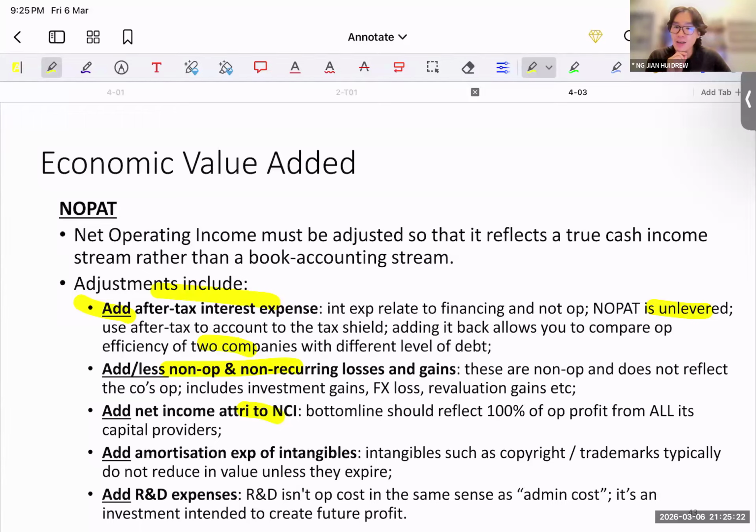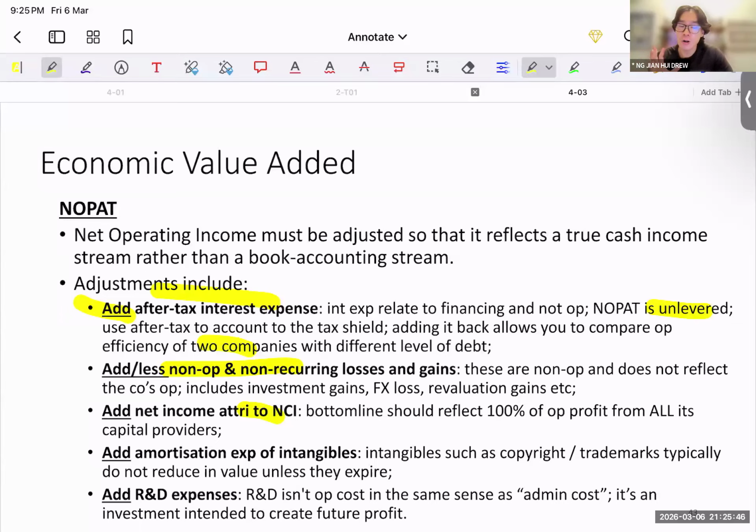Do you understand this point? So this point is important. The reason why I'm going through this addition and subtraction is because I know in your GBA or ECA, in case you want to calculate economic value added, you will have to do such adjustments. And it's insufficient just to use the theoretical NOPAT, which is EBIT times 1 minus tax rate.